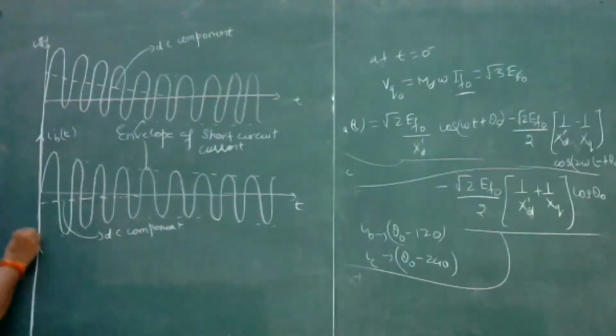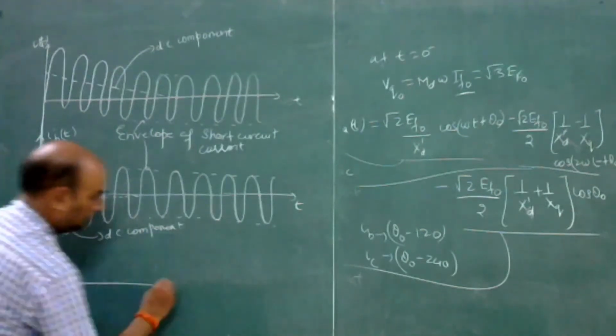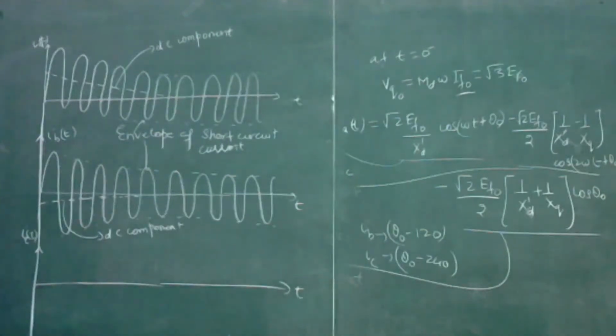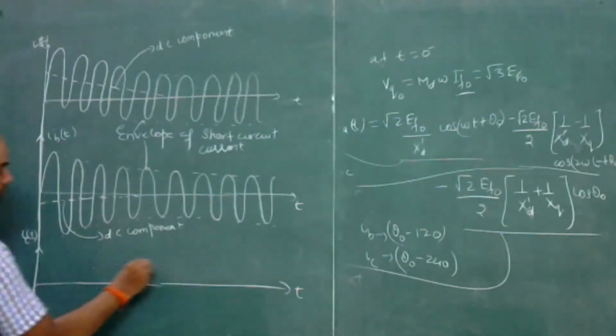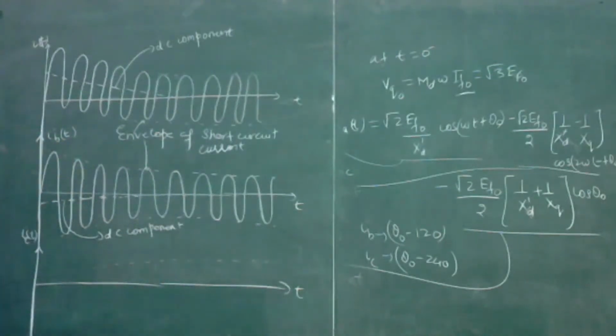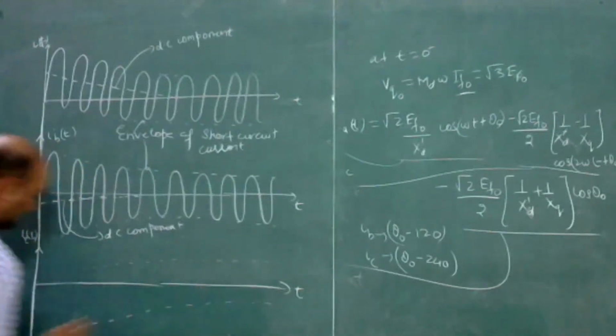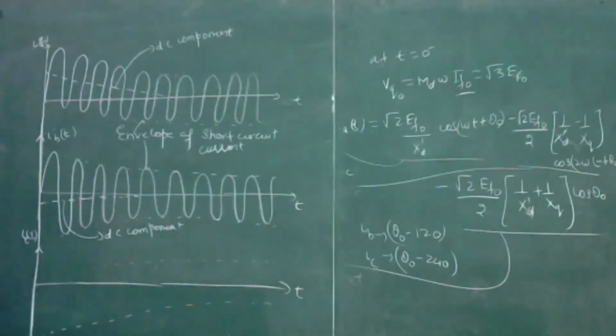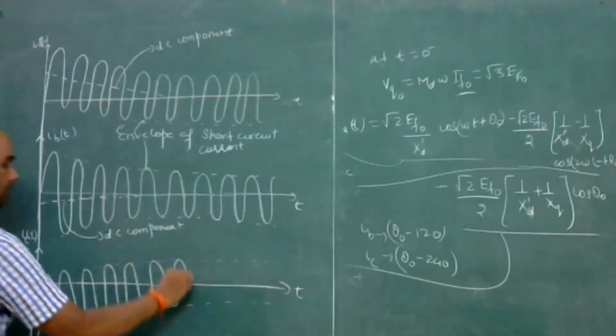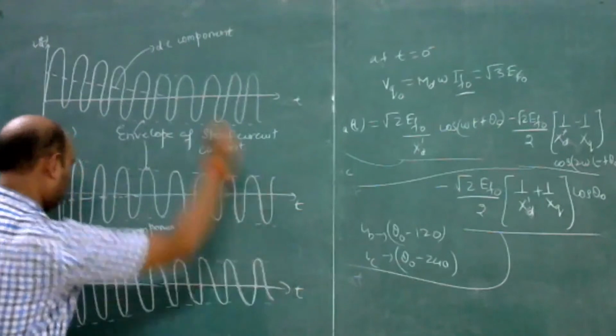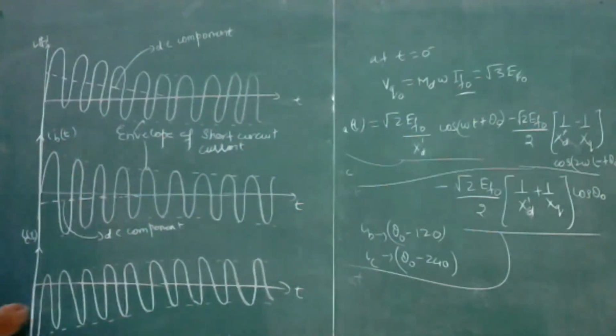And iC(t), so the envelope is like this, and this will be DC.